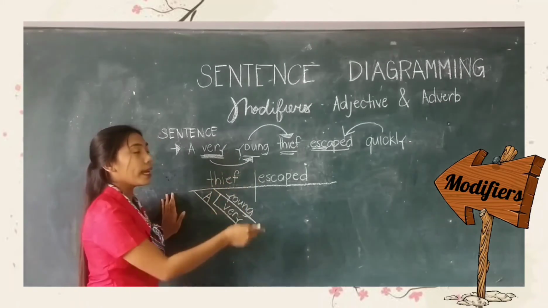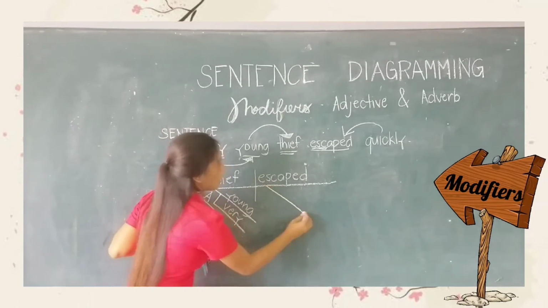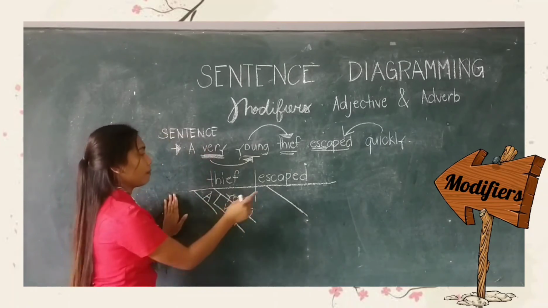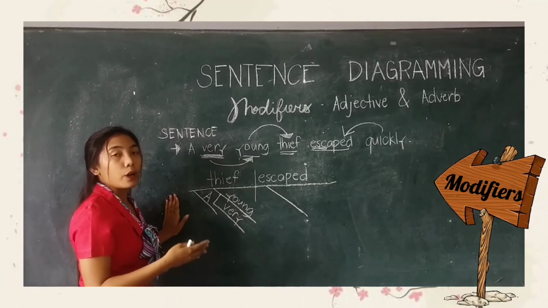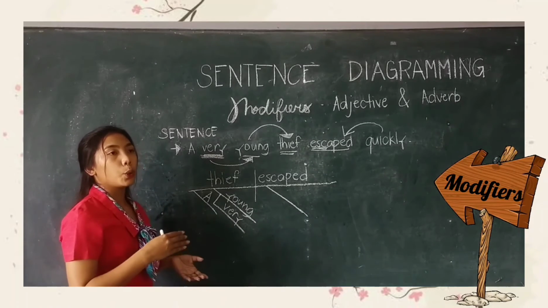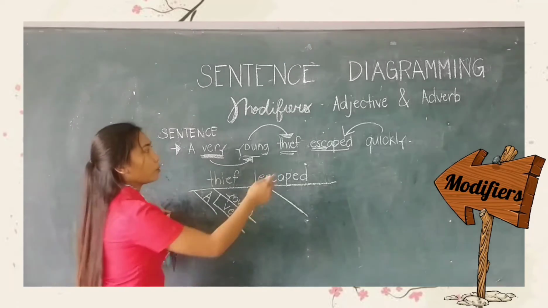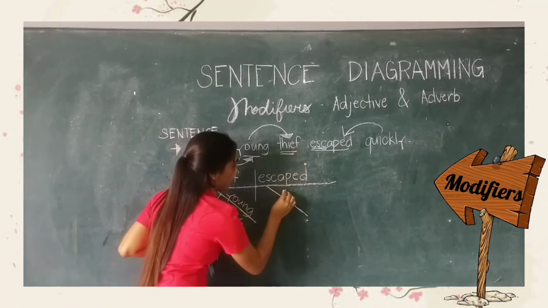And which word is that? It is the word escape. So we have to write a slanted line here. As I said a while ago, don't be confused, because an adverb has a bunch of roles. And the key to avoid confusion is to identify what is exactly the word it modifies. So we have to write the word quickly here under the word escape.